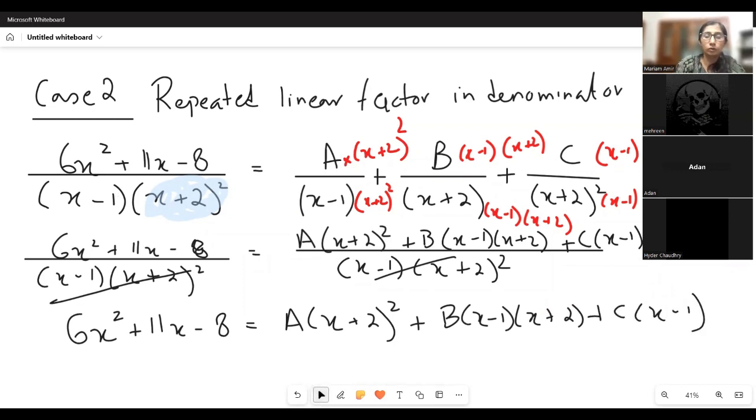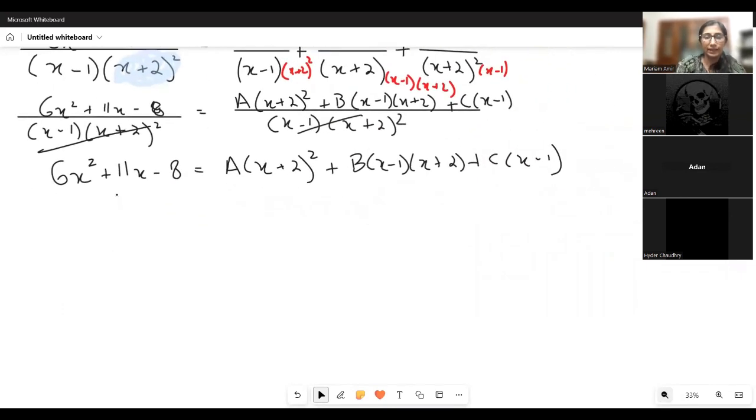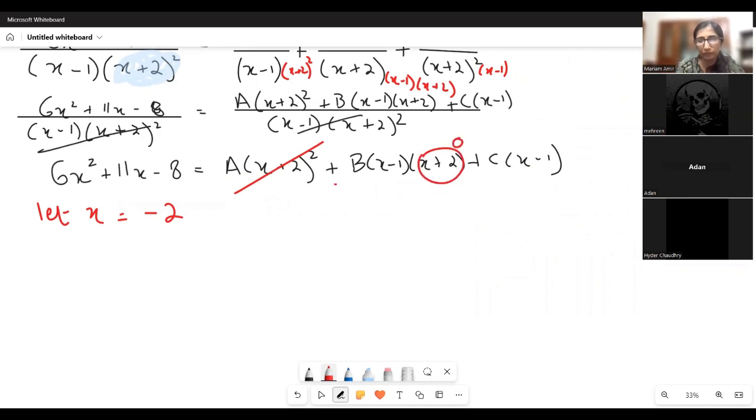Okay. So what I'm going to do first is let x equals, if I want to eliminate this, I'm going to take let x equals to minus 2. And it will not only eliminate this, but it will also make this 0. That would eliminate b as well. So we'll be able to find the value of c.